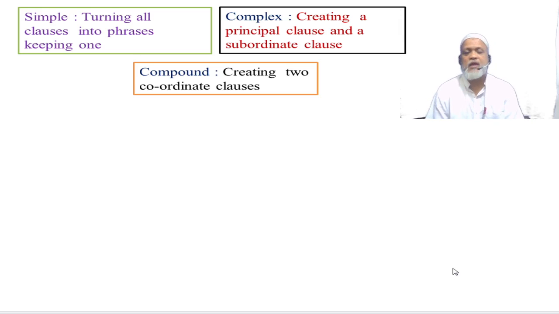In my previous class I told you the main theme of changing a simple sentence to complex, complex to compound, and compound to simple. The main theme is, to make a complex or compound sentence simple, you must turn all the clauses into phrases, keeping just one clause.